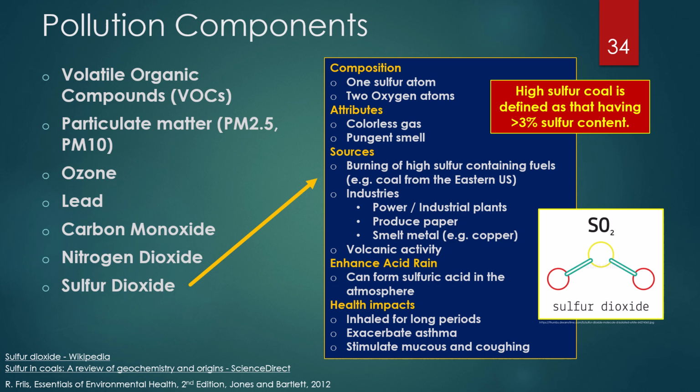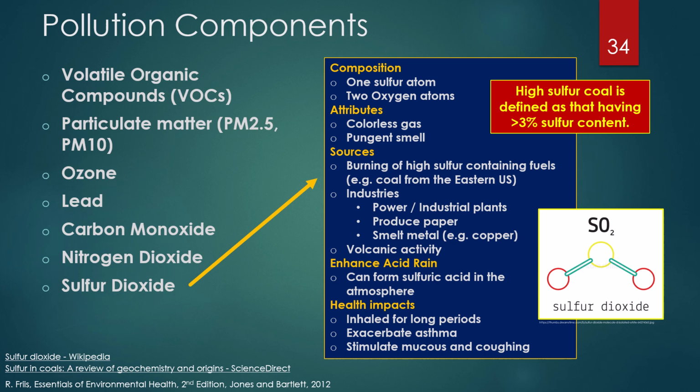The highest coal sulfur content is generally found in coals from the eastern United States. Major sources of sulfur dioxide pollution in the U.S. come from coal-burning power plants and industrial plants that produce paper or smelt metals, for example, copper. Other sources of SO2 pollution include volcanic activity.